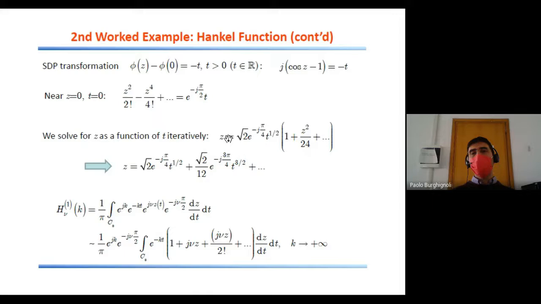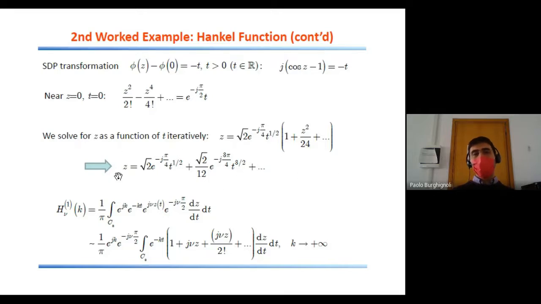Now, you can use this formula iteratively by plugging into z at right-hand side exactly what you see in the entire right-hand side. So if you do that for all the terms, what you get is, at the end, a series in which z is not present anymore at the right-hand side, and you only have powers of t. In particular, the first power is t to 1/2, then we have t to 3/2, and so on.